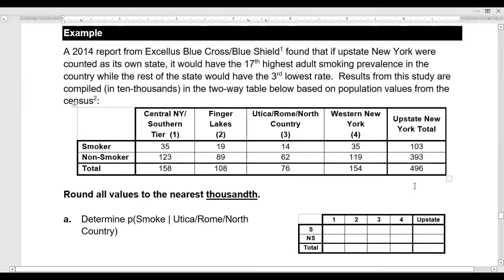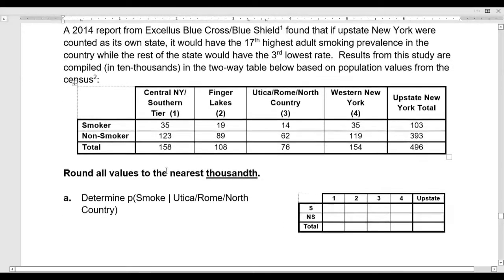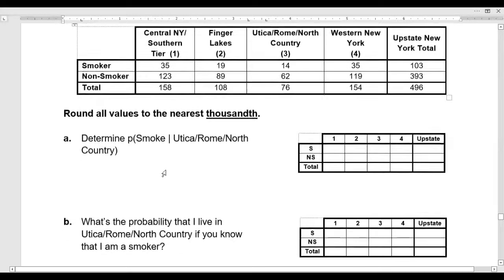So this is the two-way table we're going to use. We've got different regions from upstate, and then we've got smokers and non-smokers. And as we did before when we did a two-way table example, I've got little copies of these here that we can use to help us track our work.